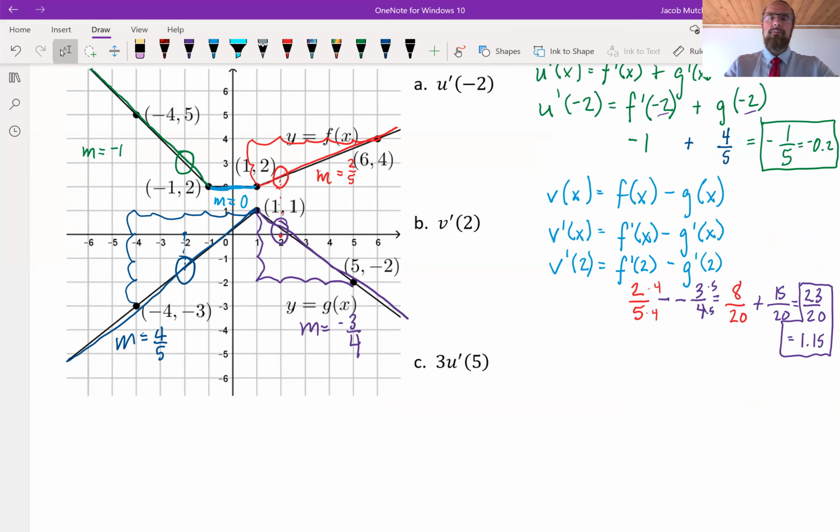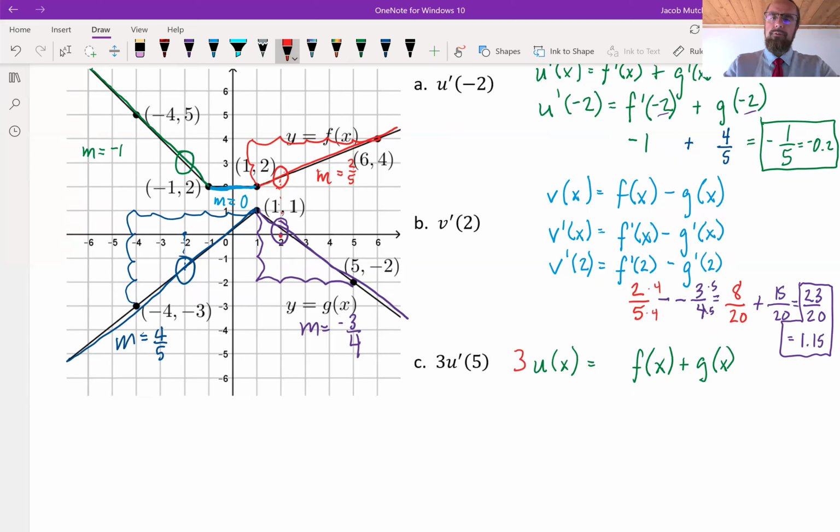So here we've got 3 times the derivative of u at 5. If I pick up the u function, that's defined as the sum function. So I just want to write it here. U of x equals f of x plus g of x. And we just need to think what happens when I place a constant multiplier out front.